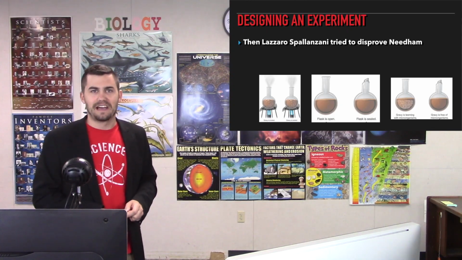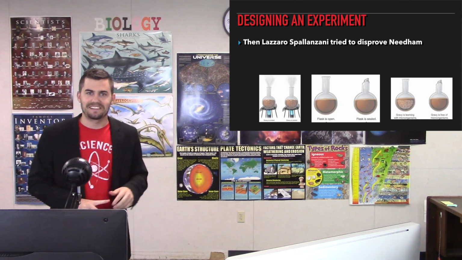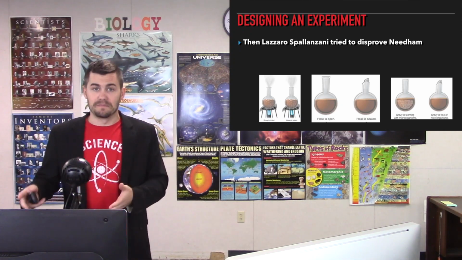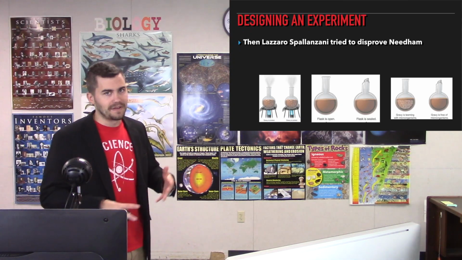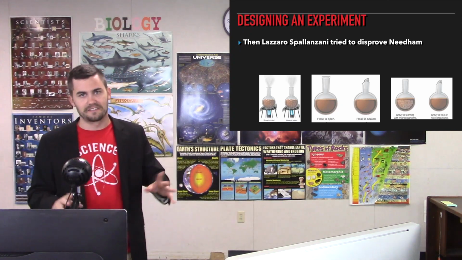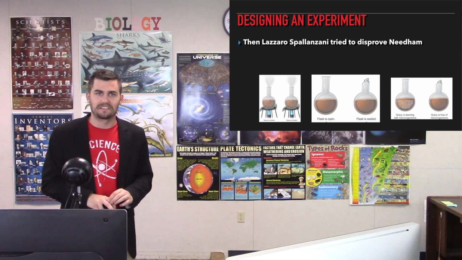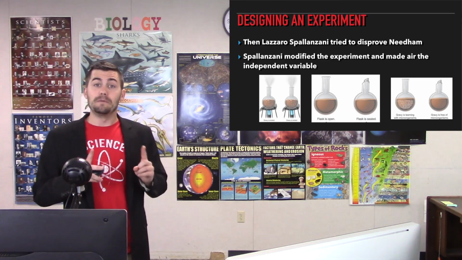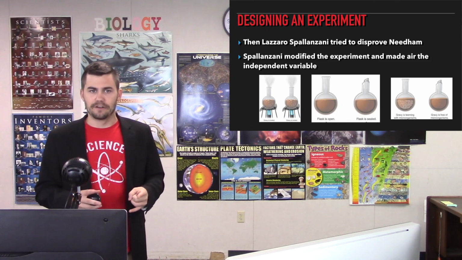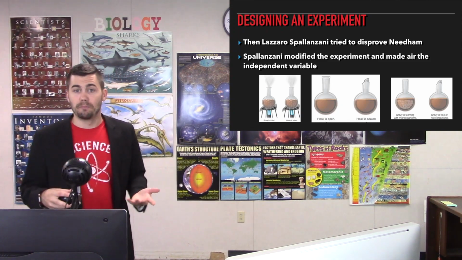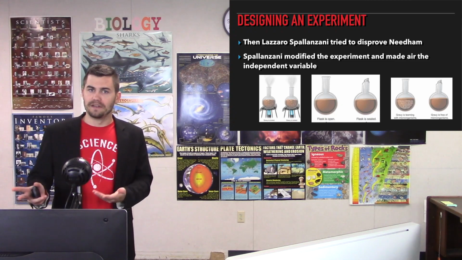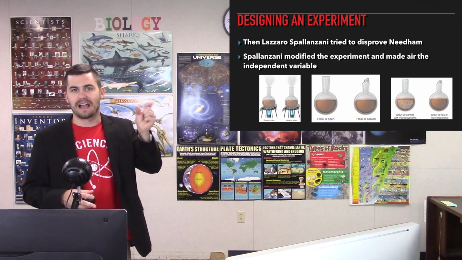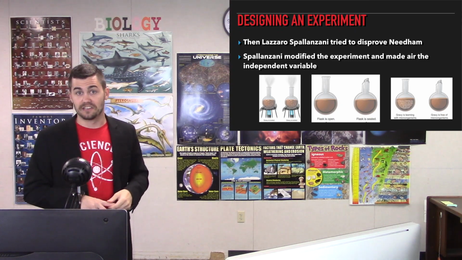Then we have Lazzaro Spallanzani, fantastic name. He tries to modify Needham's experiment to disprove him. Again, this is how science works, and it's one of the great strengths of it. So Spallanzani modified the experiment, and he made air the independent variable. So two flasks, they're both boiled, but then one is left open, just as it was in Needham's experiment, and the other, he heats up the glass and folds it and pinches it shut.